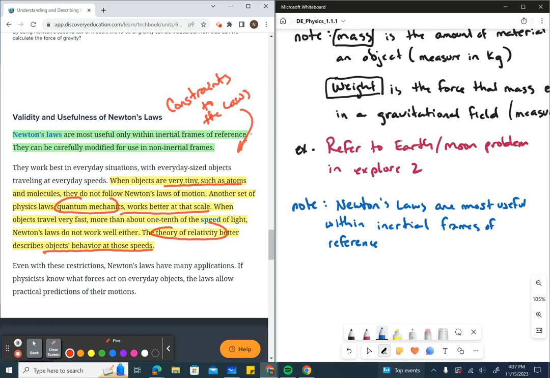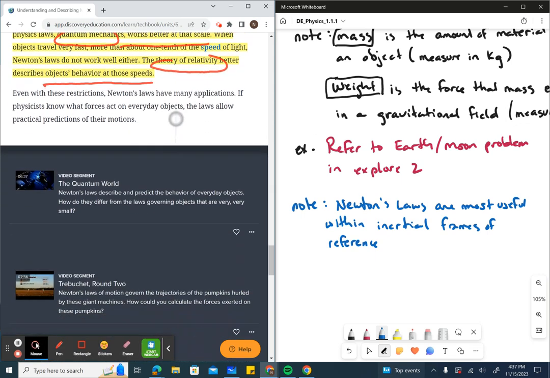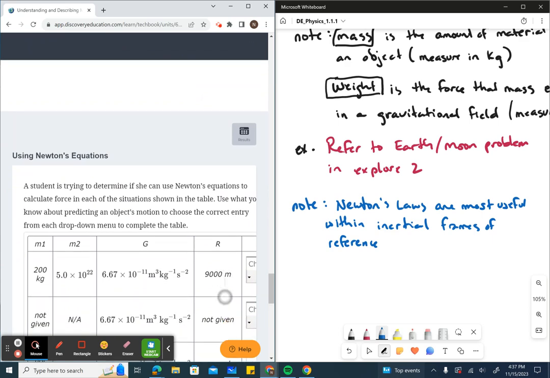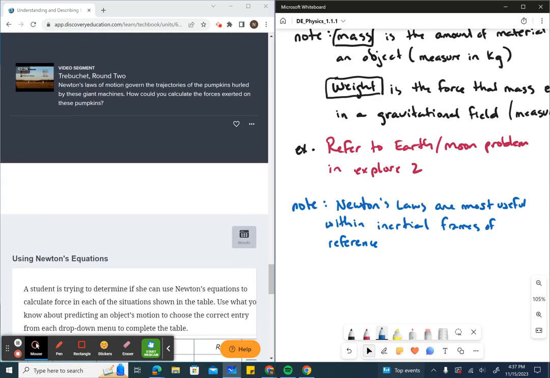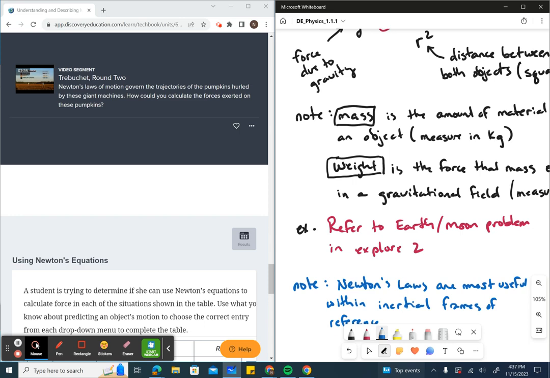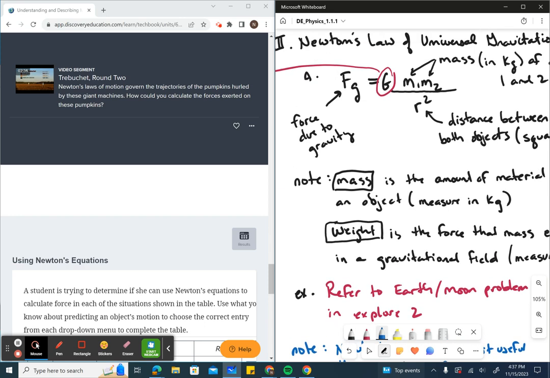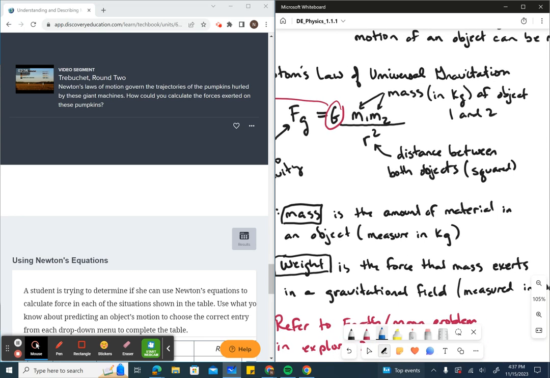All right, and continue to move through here. And then, of course, you have some problems down in here. So that pretty much covers it right now. We kind of did some notes and explored these different things.